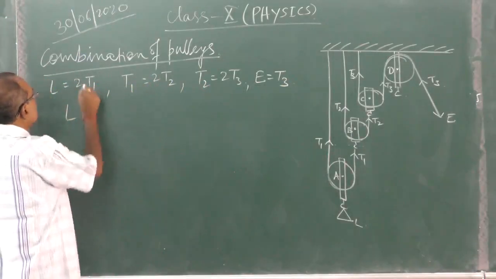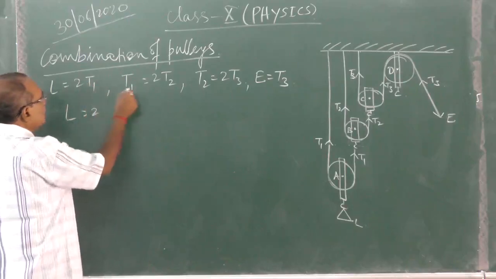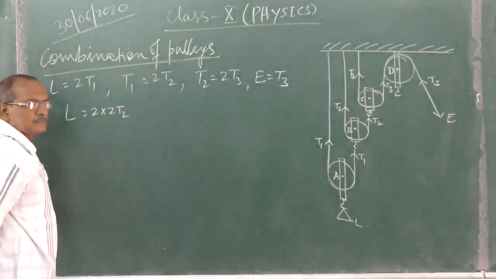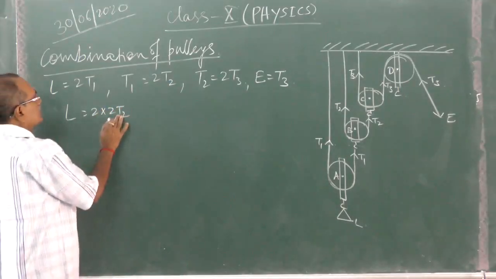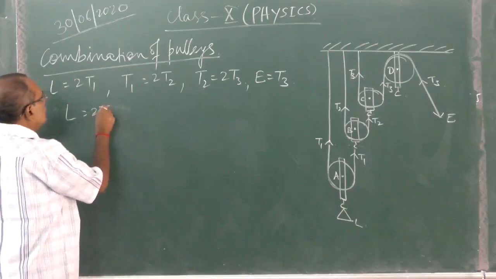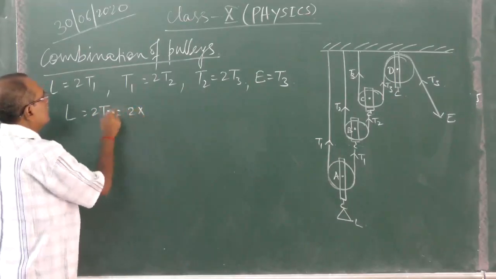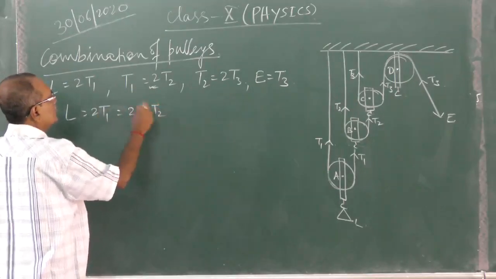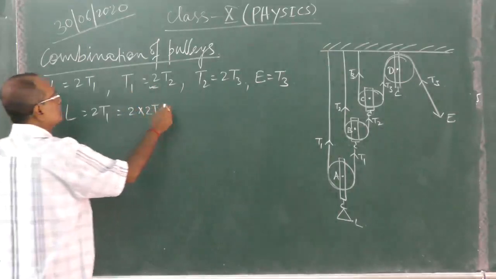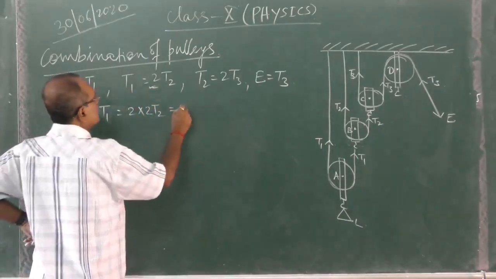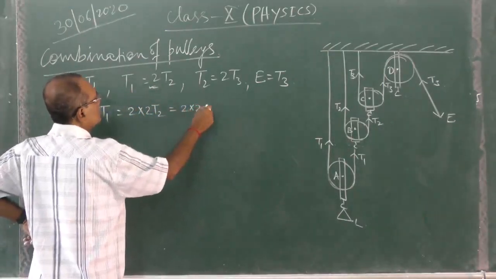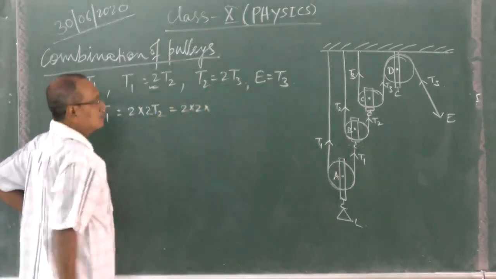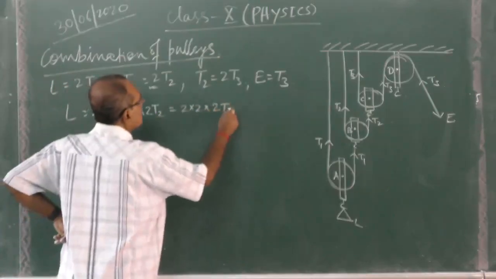here load is equal to 2T1, so T1 is equal to 2T2, so we can put 2T2. Again, I am writing here 2T1, put the value of T1 from here, so this will be 2 into 2T2. Put the value of T2, T2 equal to 2T3.